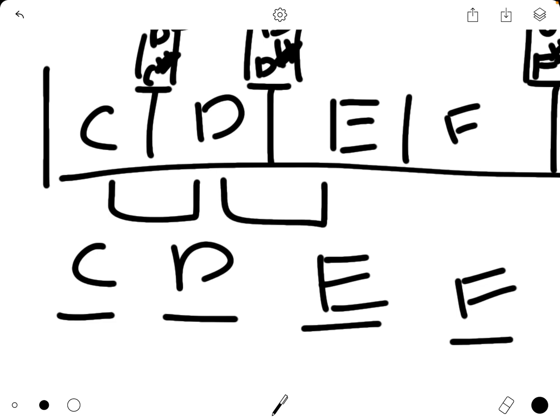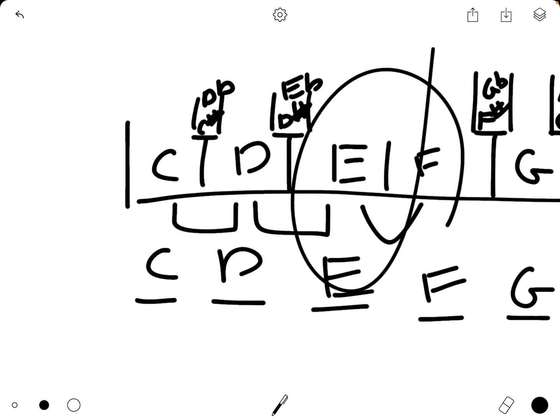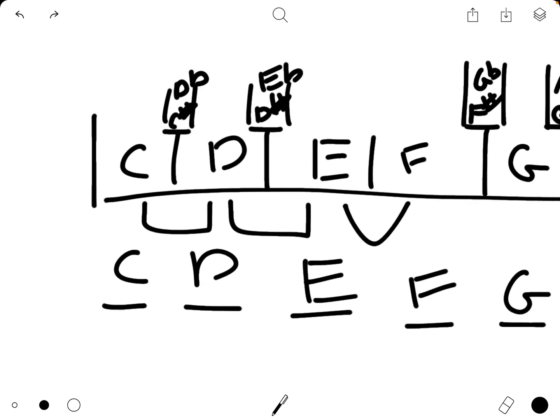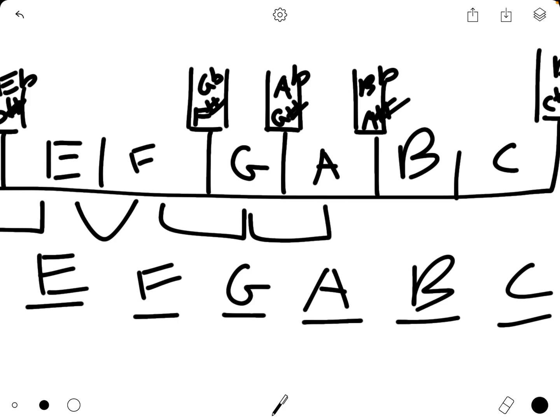Then we have a whole step between D and E. We learned about whole steps and half steps in the last video. This is a whole step because there's a note in between. This is a whole step because there's a note in between. We have a half step between E and F because there is no note in between. Then we have a whole step between F and G, whole step between G and A, whole step between A and B, and a half step between B and C.